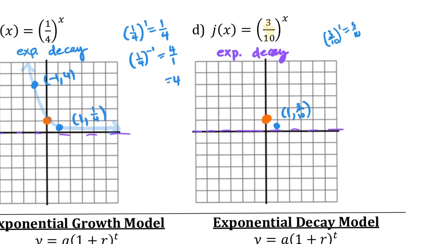Now let's do negative 1. If I do 3/10 to the negative 1, the 1 doesn't do anything, but the negative flips it, so I'm at 10 over 3. What is 10 divided by 3? Well, 3 goes into 10 3 times with a remainder, so it's 3 point something. So at negative 1, I'm going to go to 3 point something: 1, 2, 3 point something.